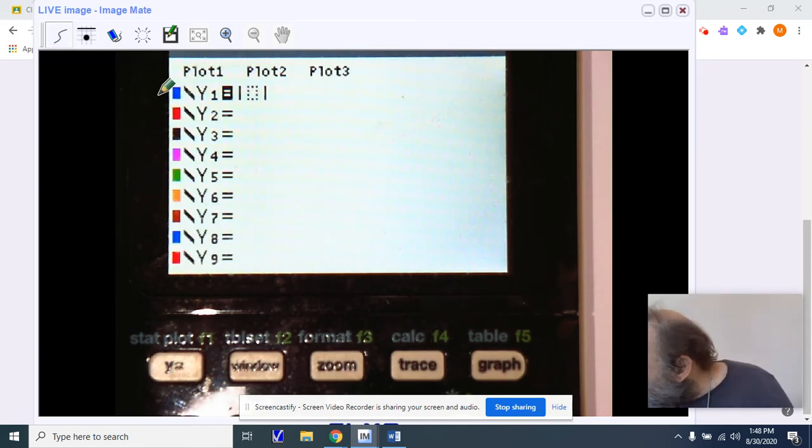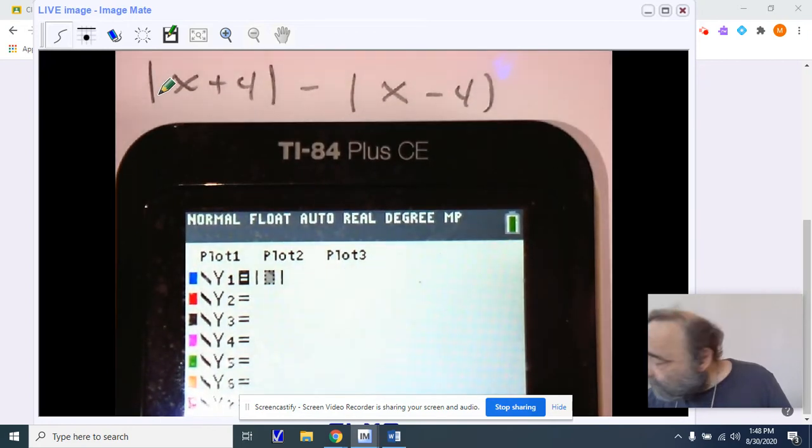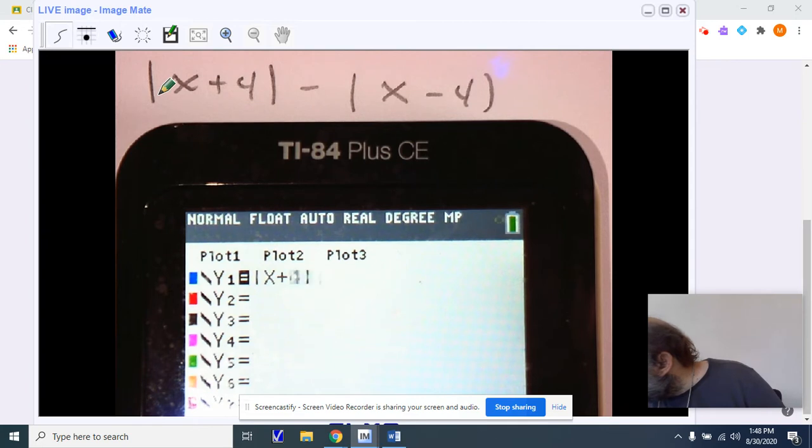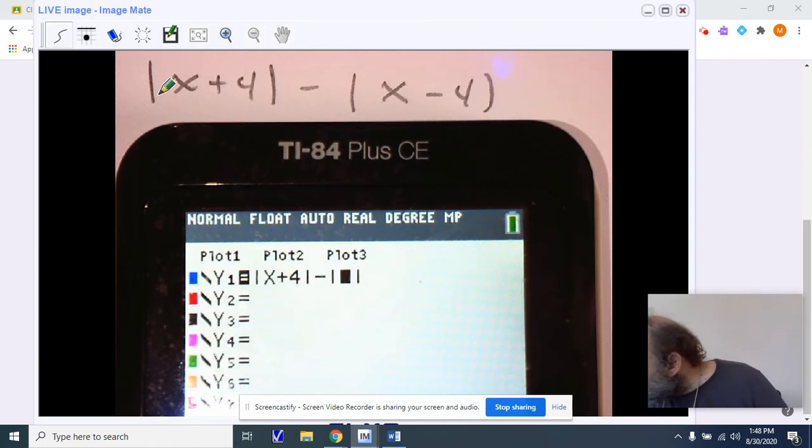And then inside we're going to put x plus 4. Move the arrow outside, put a minus, go back to math, number, ABS, and then put inside x minus 4.